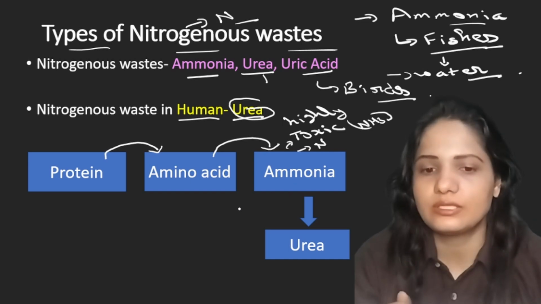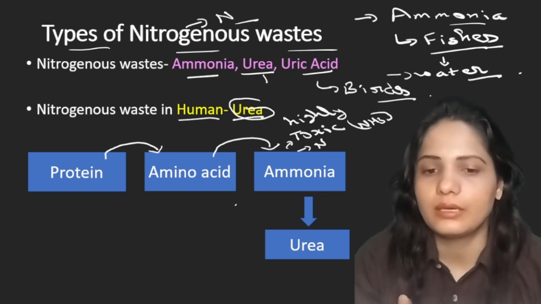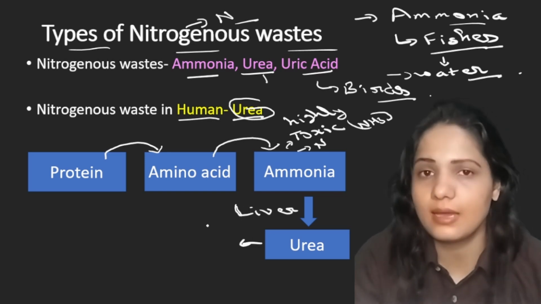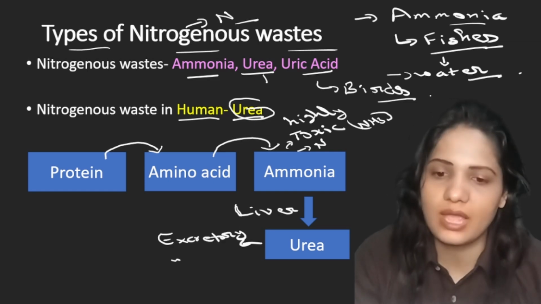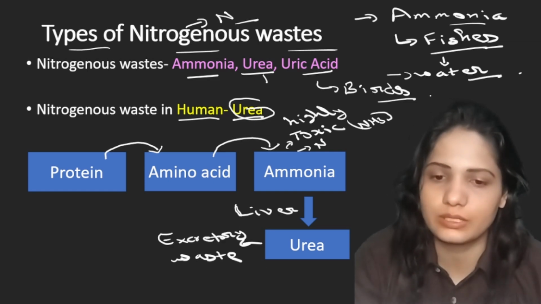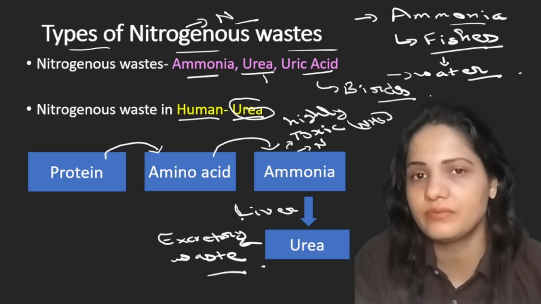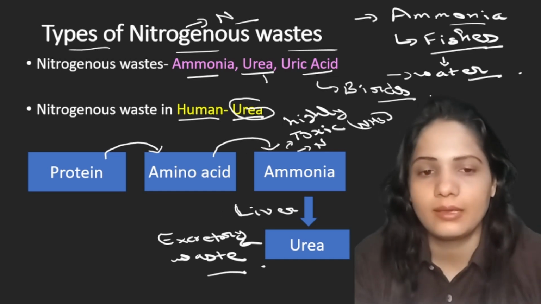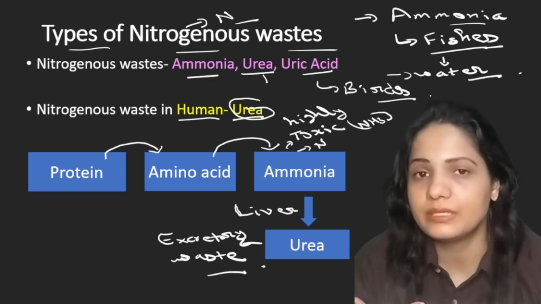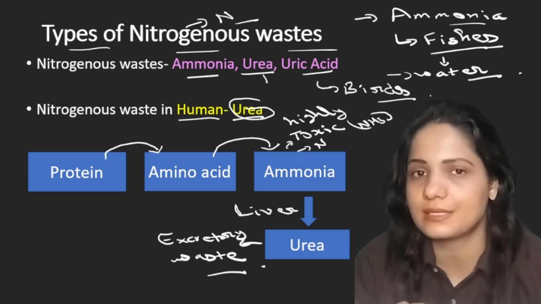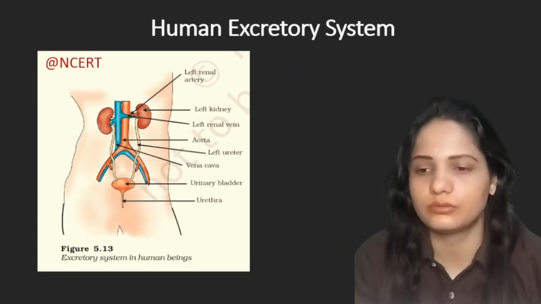This ammonia is converted into the less toxic form, urea, inside the liver, and this urea is the excretory product which has to be removed from the body for the proper functioning of the body. This is about types of nitrogenous waste. Now, if I try to recall for you, we humans have urea as a nitrogenous waste, birds have uric acid, and fishes have ammonia.